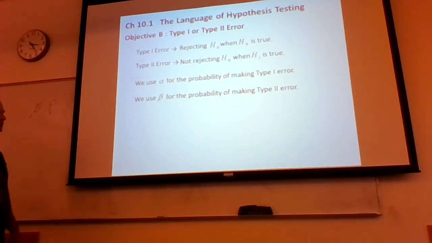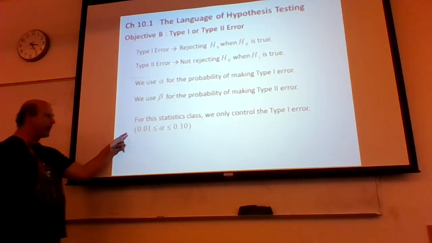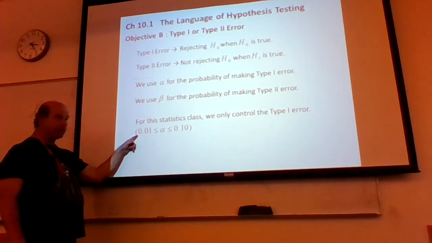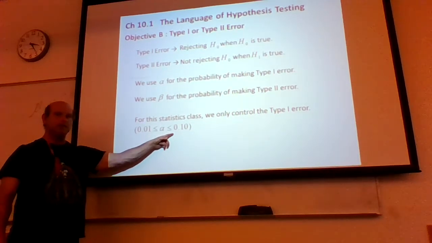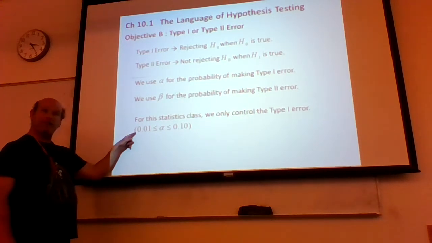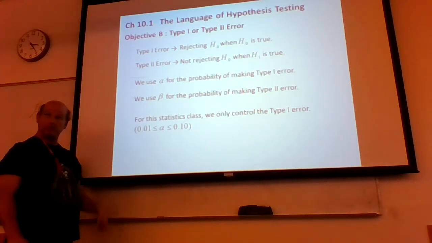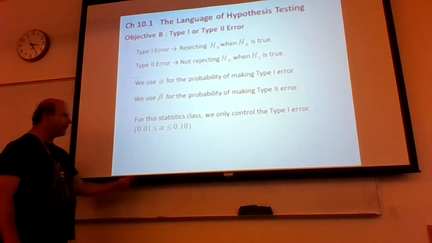Good. What we usually do is control the probability of a type 1 error between 1% and 10%. Usually the standard values for alpha are 0.01, 0.05, and 0.10.